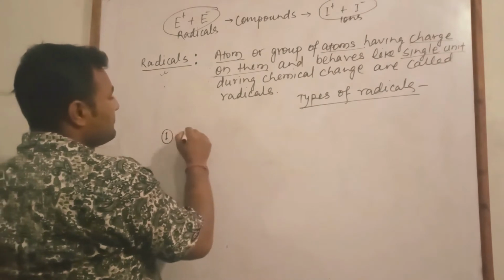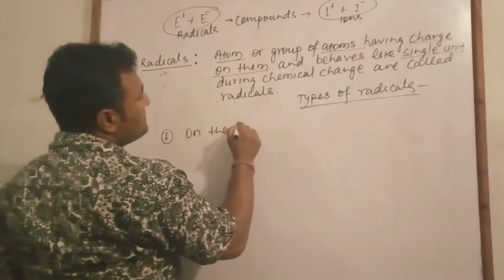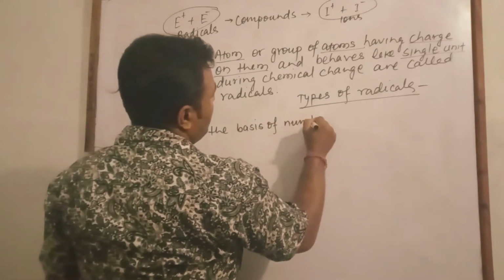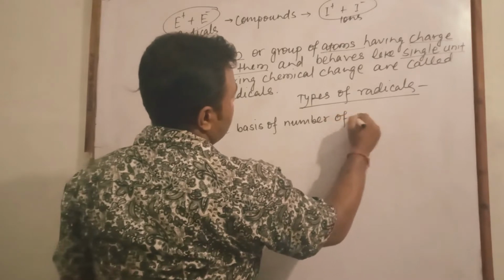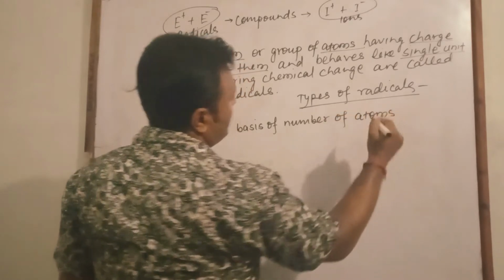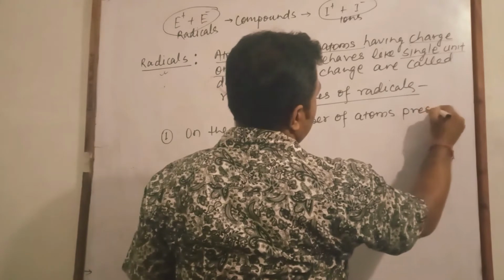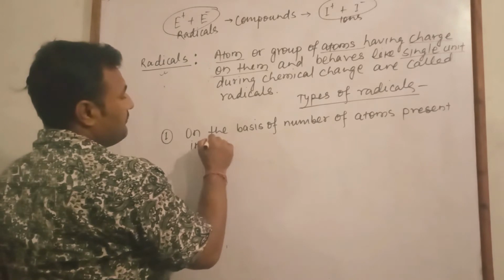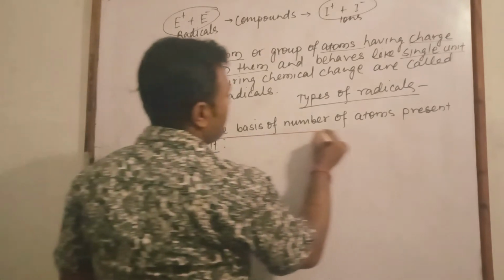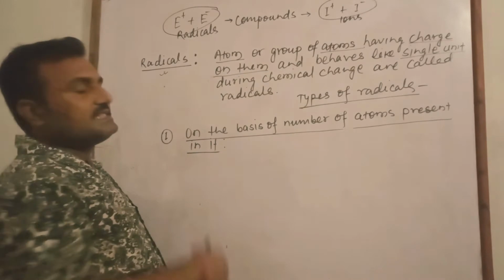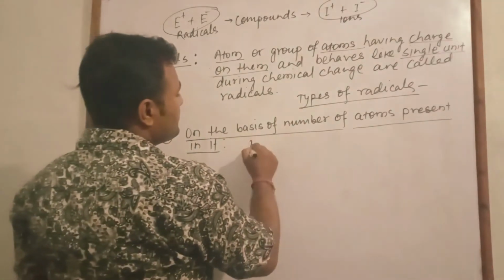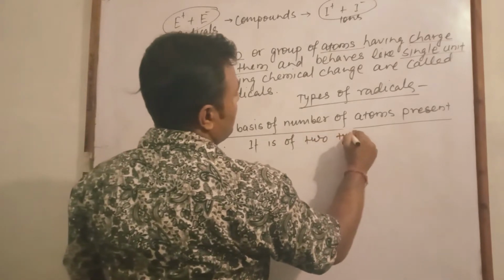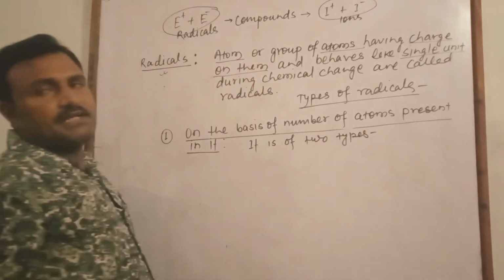The first basis is the number of atoms present in it. On the basis of the number of atoms present in radicals, they are of two types.